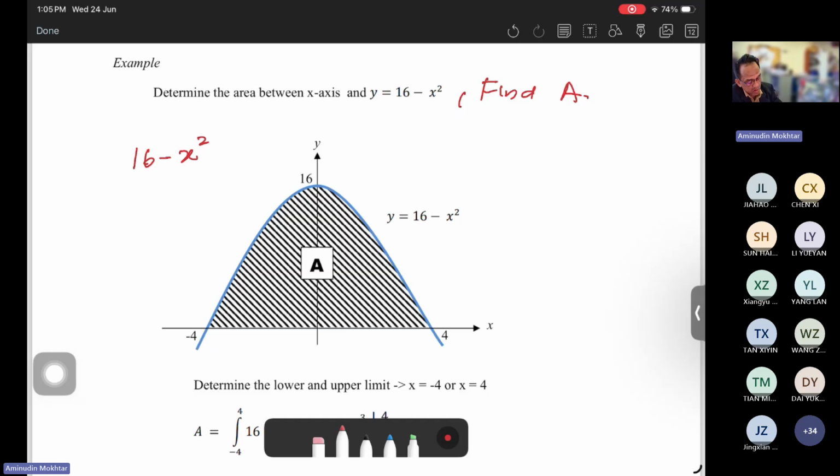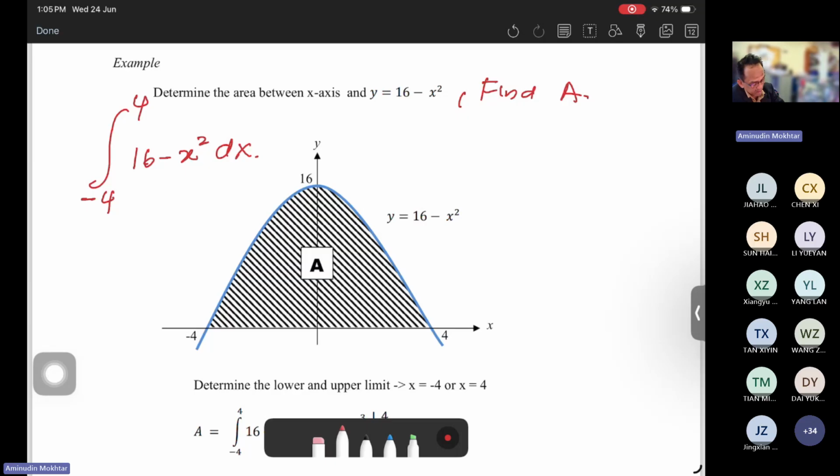In order to find the area, we need to calculate the definite integral between these two limits, -4 and 4, of dx. And since the area is above the x-axis, we can just find the area by using the definite integral. We don't need to multiply by -1.